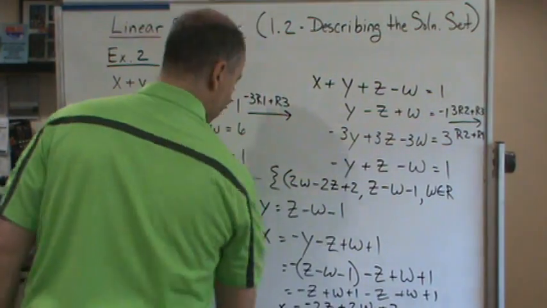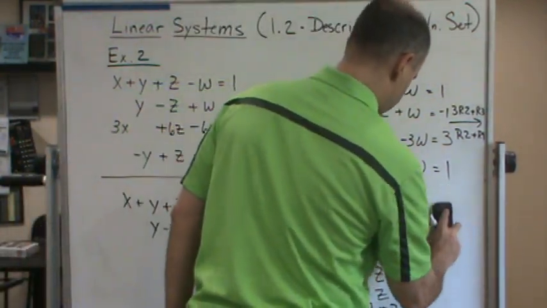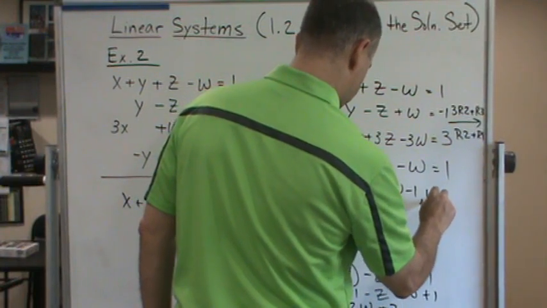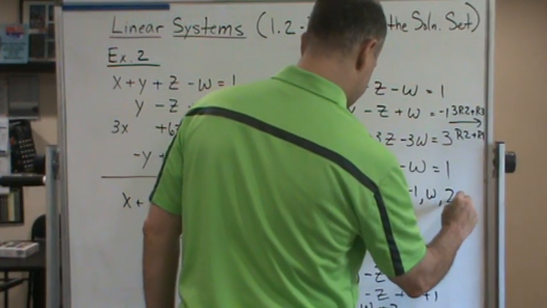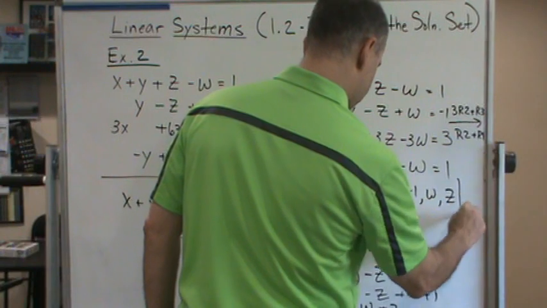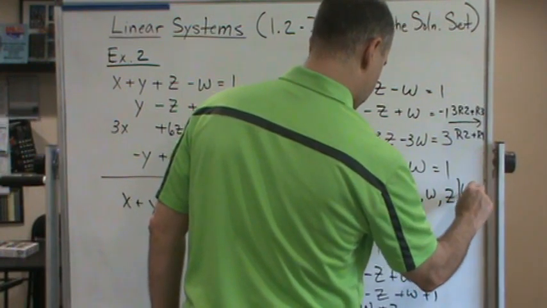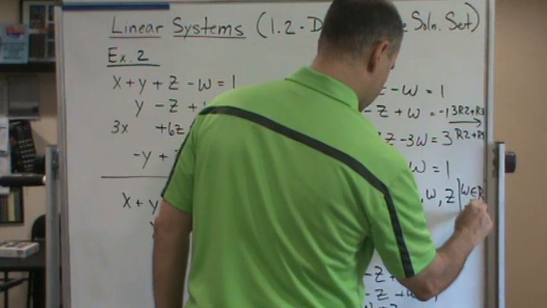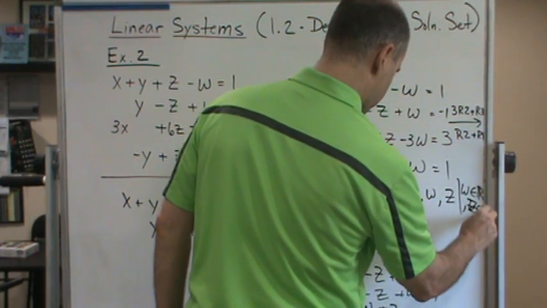Actually here. Comma w, comma z, and then such that w is in the real numbers, comma z is an element of the real numbers.